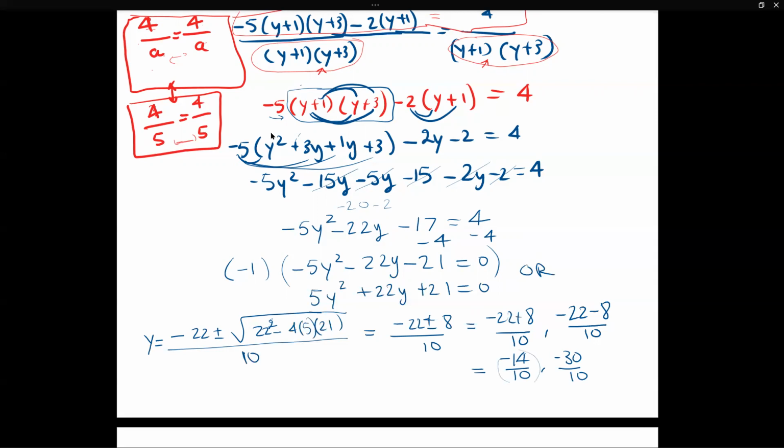This can be simplified, all right? So we can go ahead and simplify. This one will give us a -3. And this by 2 should be a 7, and by 2 should be a 5.